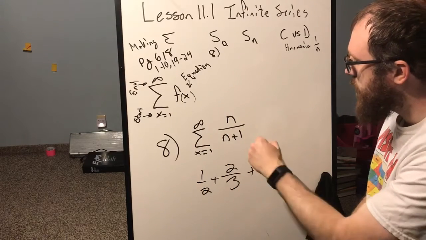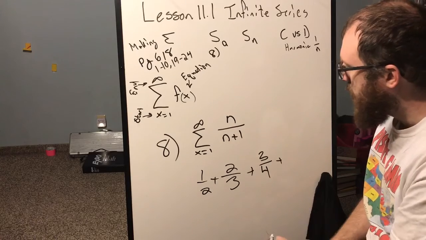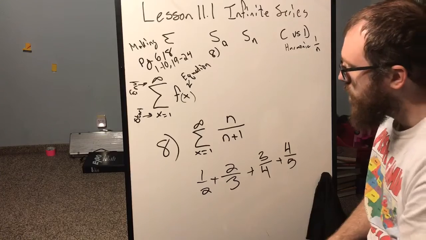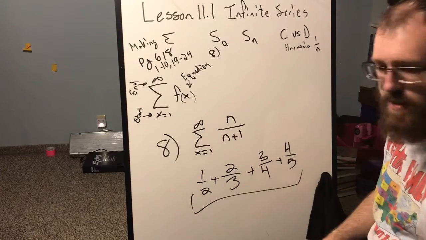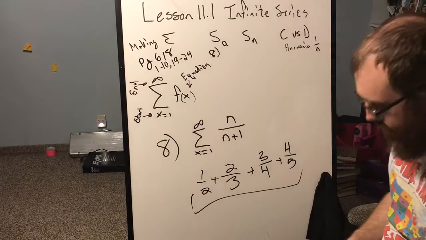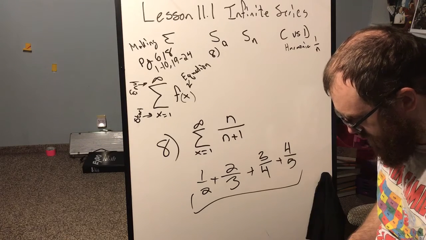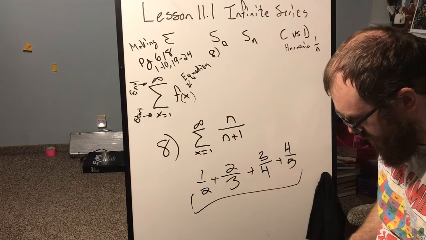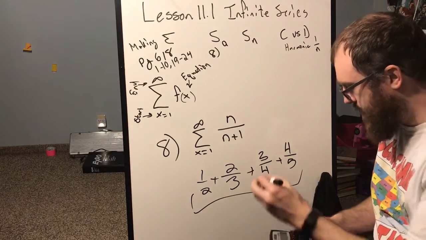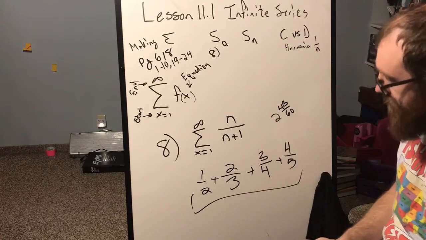And then I put in 3 here, and I have 3 over 3 plus 1, which would be 3/4, and then I'd have 4/5, etc. Now I only need the first 4 added together, so I'm going to do 1/2 plus 2/3 plus 3/4 plus 4/5, and that gives me 2 and 43/60.